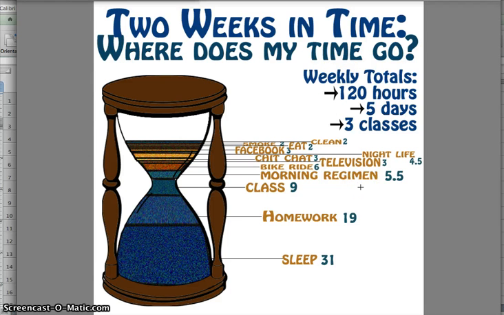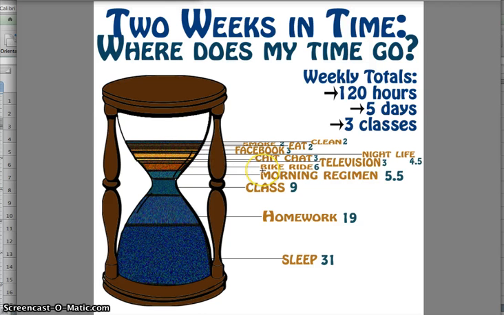Also, another thing wrong with my second draft here was at the top, I had too many small categories here, and they ended up getting smashed in when I tried to put them all on here.